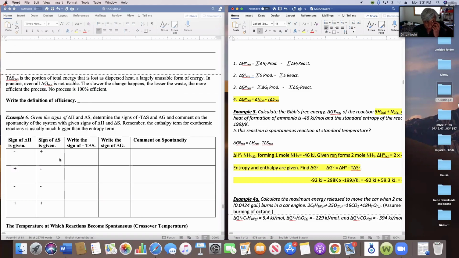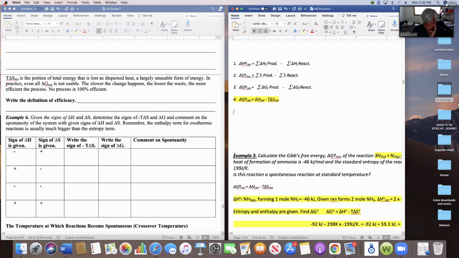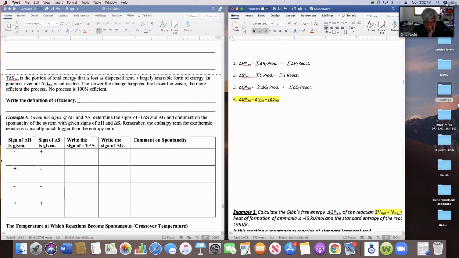Okay, so the sign is given: delta H is negative. Let's have a little bit of space over here. We are talking about the first one. Delta H is negative, and the sign of delta S is positive.